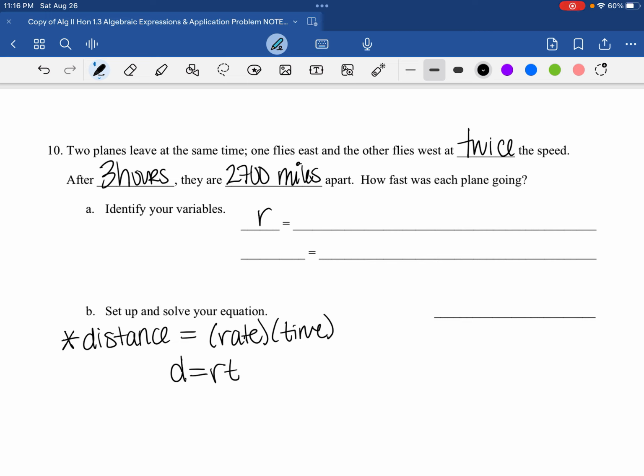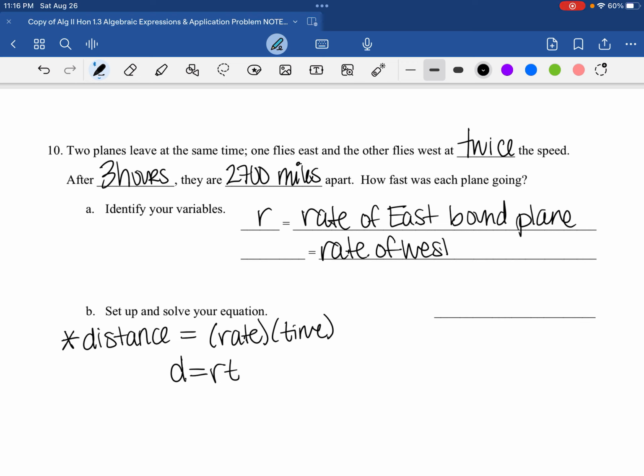So I'm going to say R is the rate of the eastbound plane. Now, the rate of the westbound plane is twice the speed, so therefore 2R. Okay.